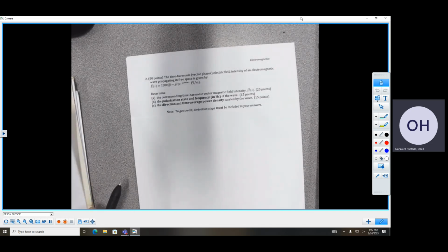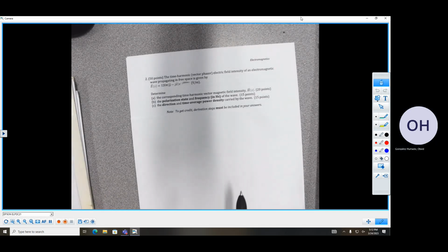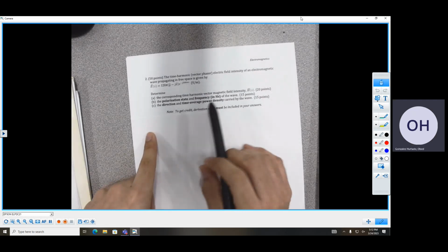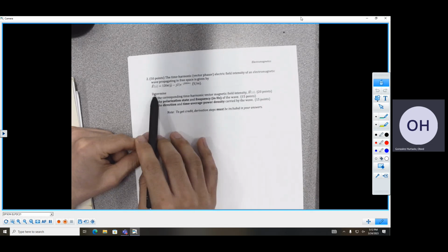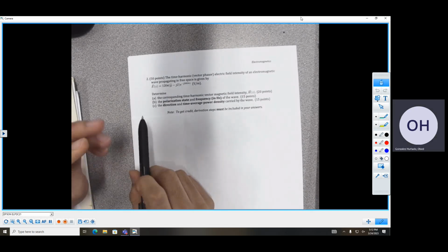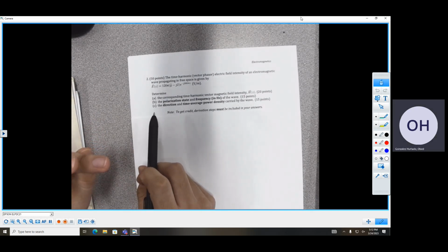So for this one, there's 2 equations. There's the one in chapter 7 to find the magnetic field with respect to the electric field. That one is only used when it is a plane wave.